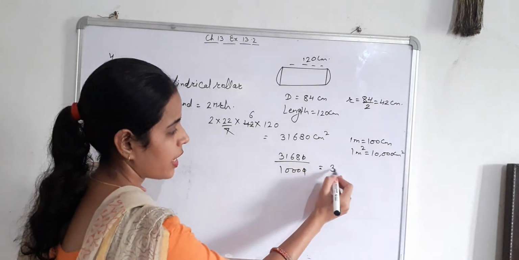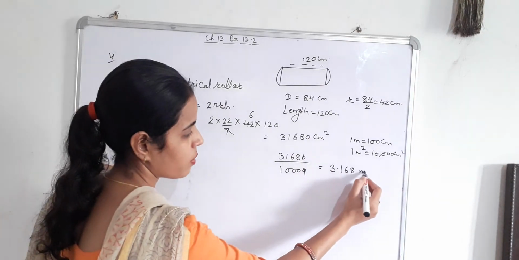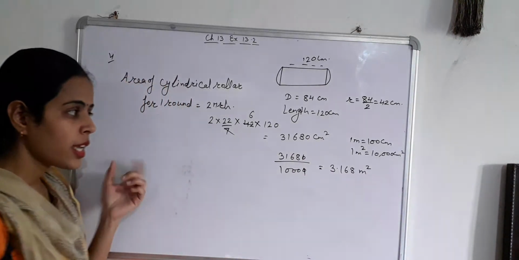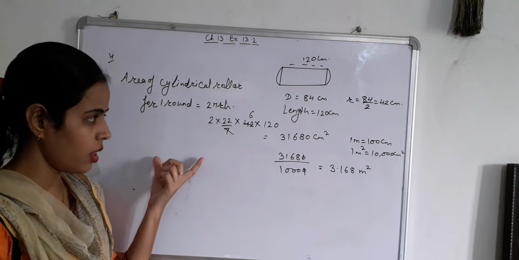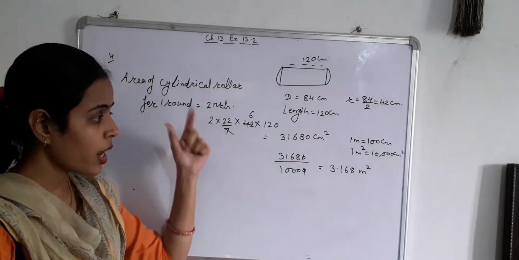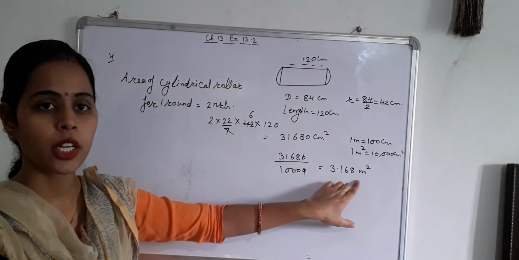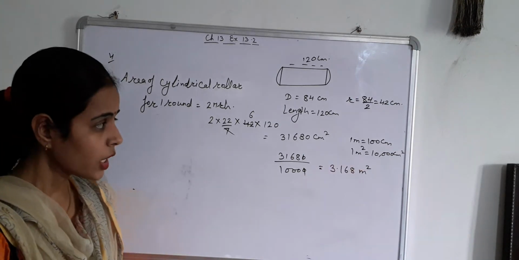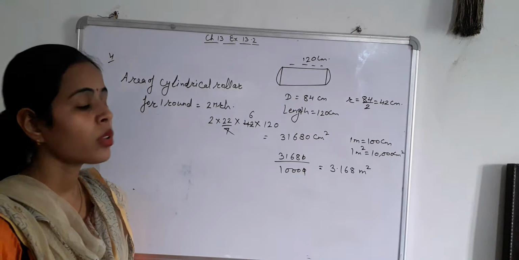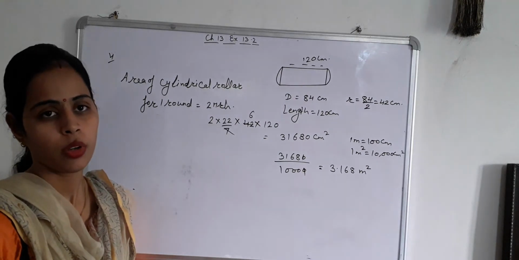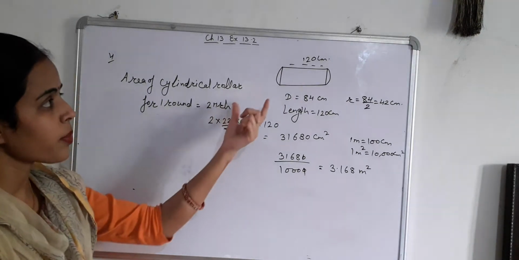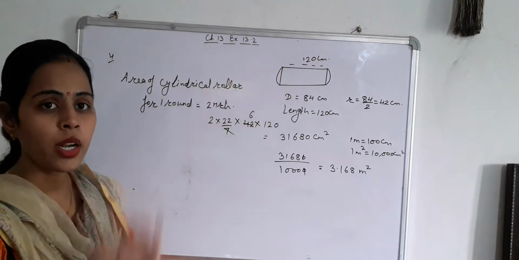Now put decimal here: 3.168 meter square. So area of this roller when it completes one revolution equals 3.168 meter square.